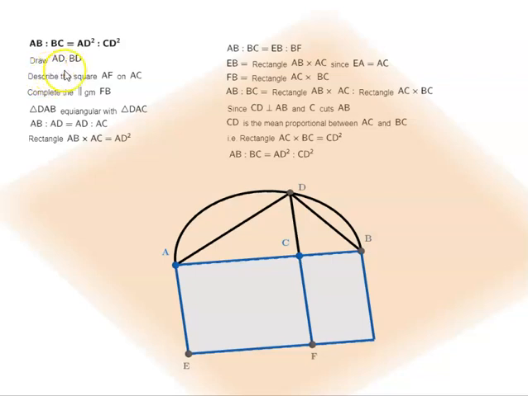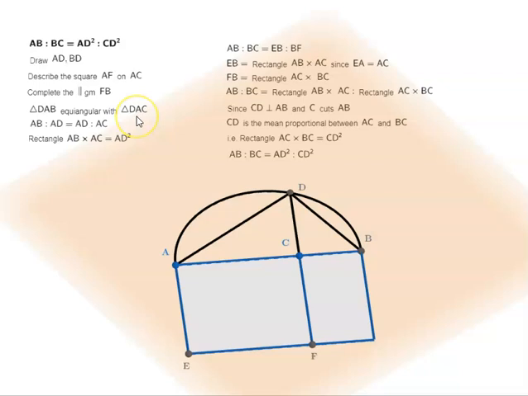Now draw AD and BD. Describe the square AF on AC. Complete the parallelogram FB. Then triangle DAB is equiangular with BAC.